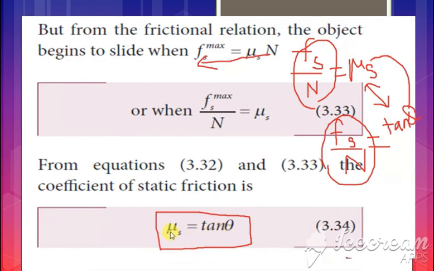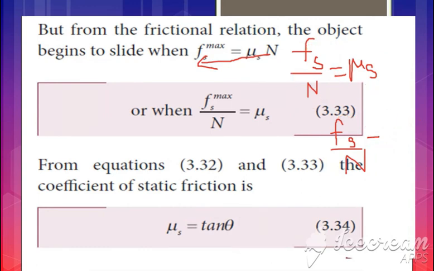So already you know what mu s is, is it not? Mu s is said to be the coefficient of static friction. So the coefficient of static friction is equal to tan theta, which can be said as the tangent. Theta is the angle of friction. So we are saying that the coefficient of static friction is equal to the tangent of angle of friction. Okay, so we have the definition here.